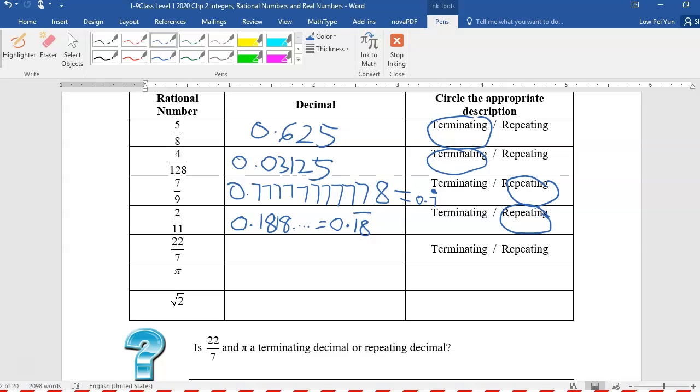Call someone, Ryan. Okay, he's ready. 22 over 7. 1, 4, 2, 8, 5, 7. Repeats itself, right? Repeating.